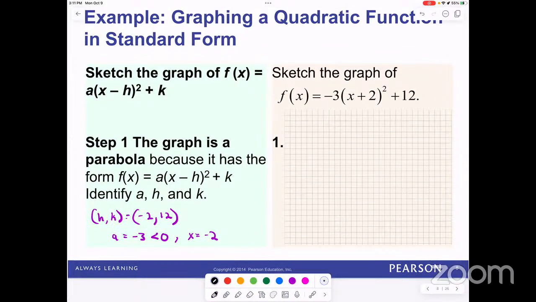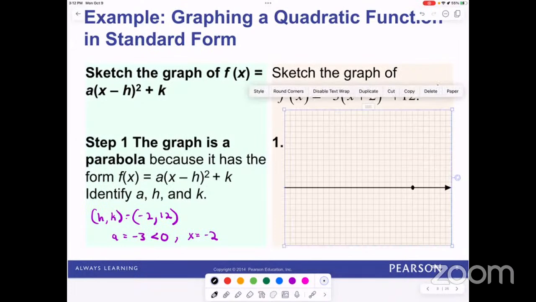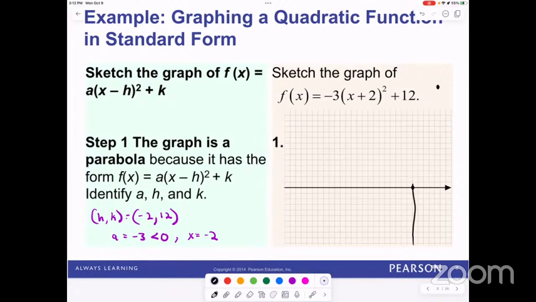So let's put our vertex about here. We'll let our positive x go in this direction, and our positive y go in this direction. This is our x, this is our y. Okay, we've got -2, 12.